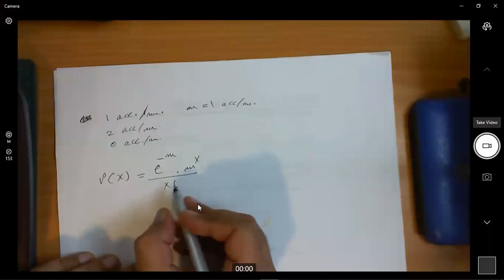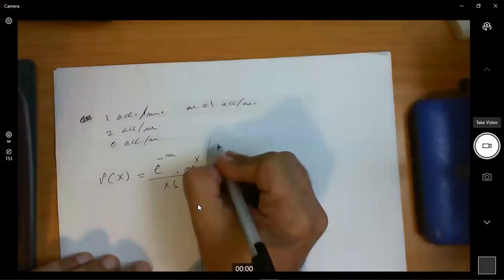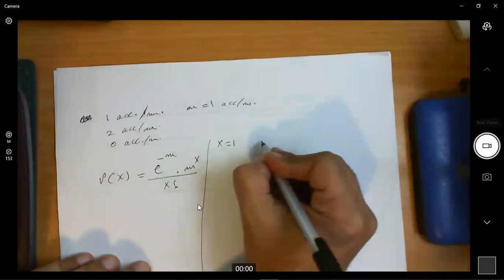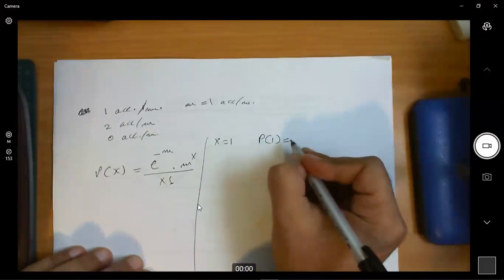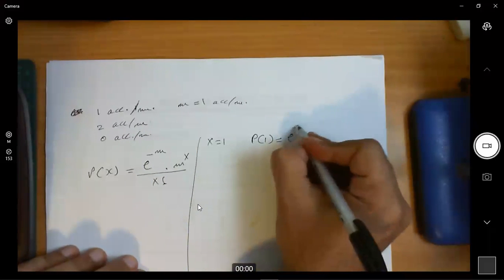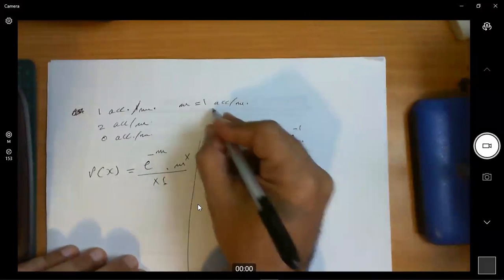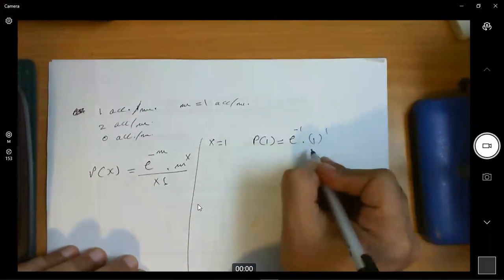دي المعادلة بتاعتنا. طيب لو قلنا X بتساوي 1، يبقى probability إن 1 accident per month هتحدث هتساوي كام؟ هتساوي e^(-1) في M اللي هي 1 أس 1 على 1 فاكتوريال.